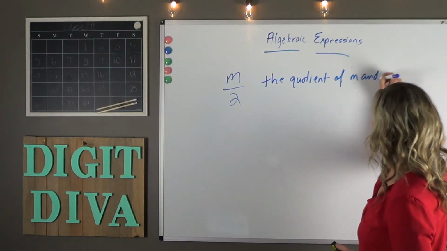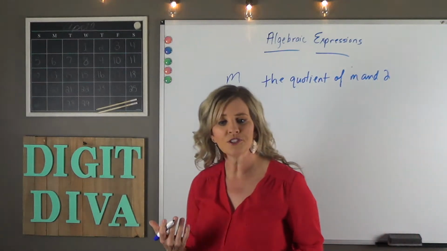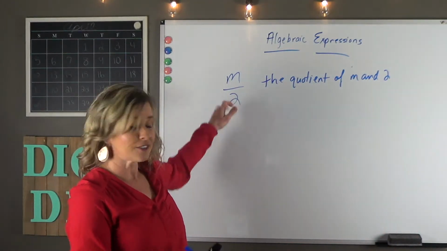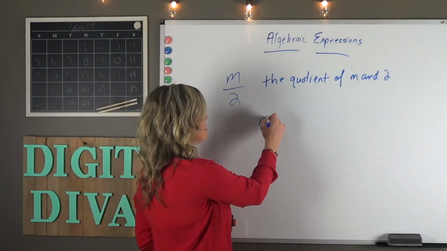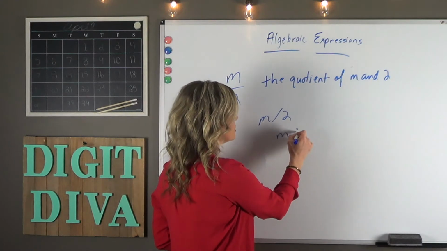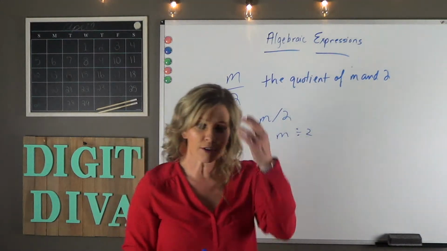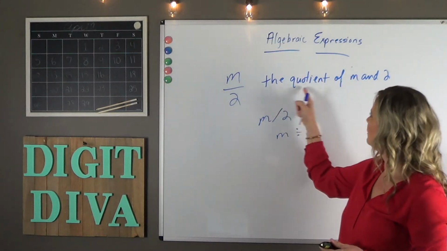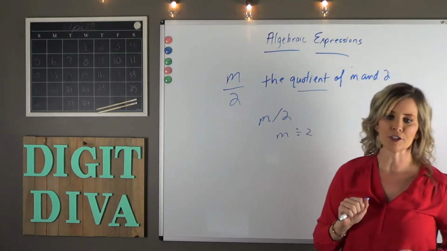The quotient of m and 2, that's a division problem. Fractions mean to divide. Sometimes you may see that written with the backslash, or perhaps even just the division symbol. So all 3 of those methods of writing that are correct, okay? So the quotient of m and 2.